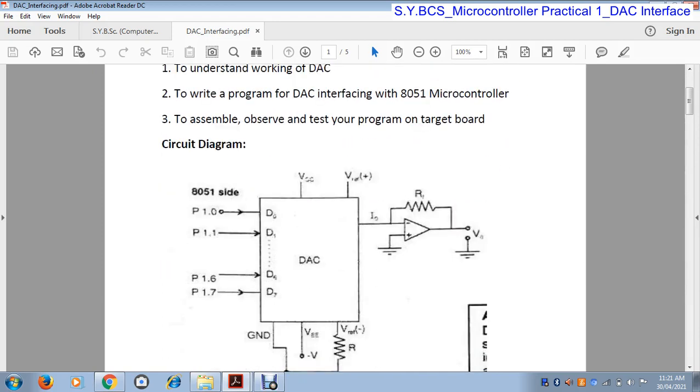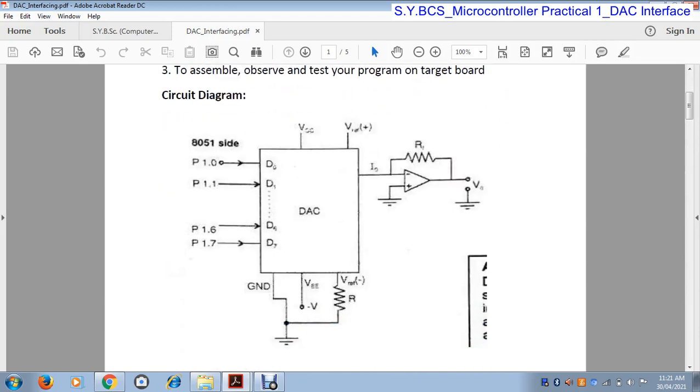This is the circuit diagram of interfacing. This is the 8051 microcontroller, and this is our DAC device, that means digital to analog converter. Here D0 to D7, so this DAC is 8 bit. This DAC converts 8-bit digital data into analog form.